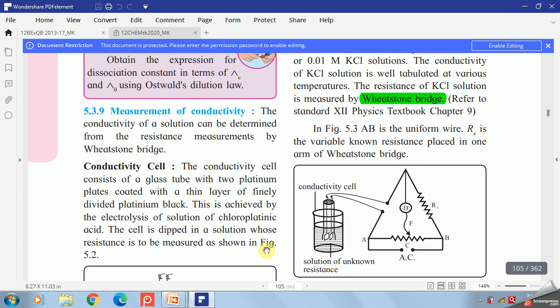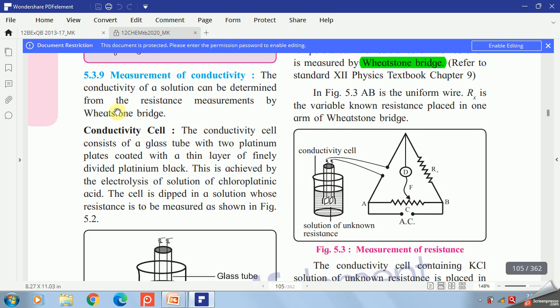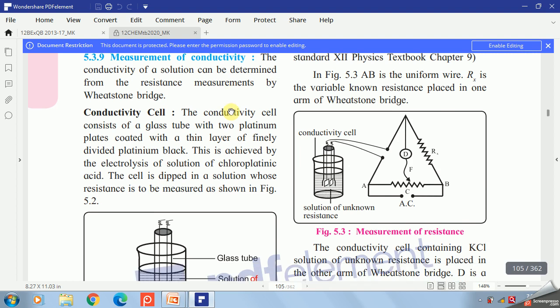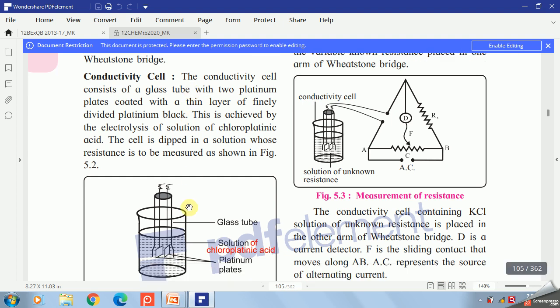Then measurement of conductivity. The conductivity of a solution can be determined from the resistance measured by a Wheatstone bridge. The conductivity cell can be used for this. The conductivity cell consists of a glass tube with 2 platinum plates.